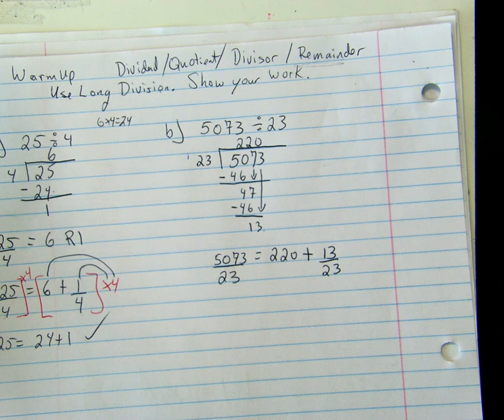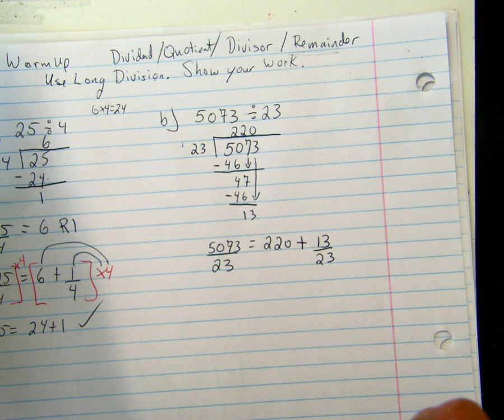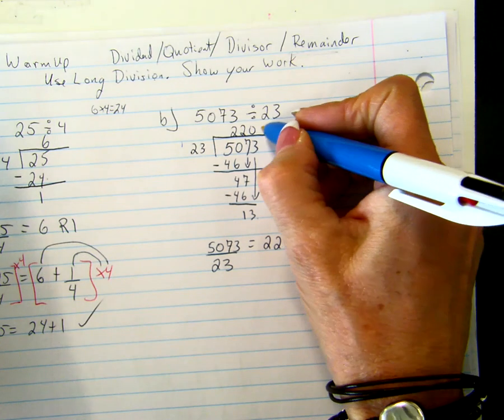Okay, we're going to do this with polynomial functions. So here's the vocabulary that we're going to be talking about. We're going to be using all of those same words, and we call this the quotient.